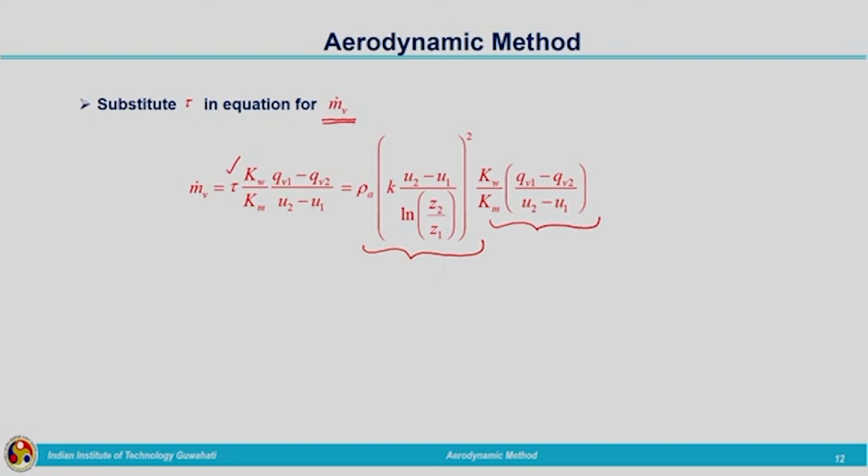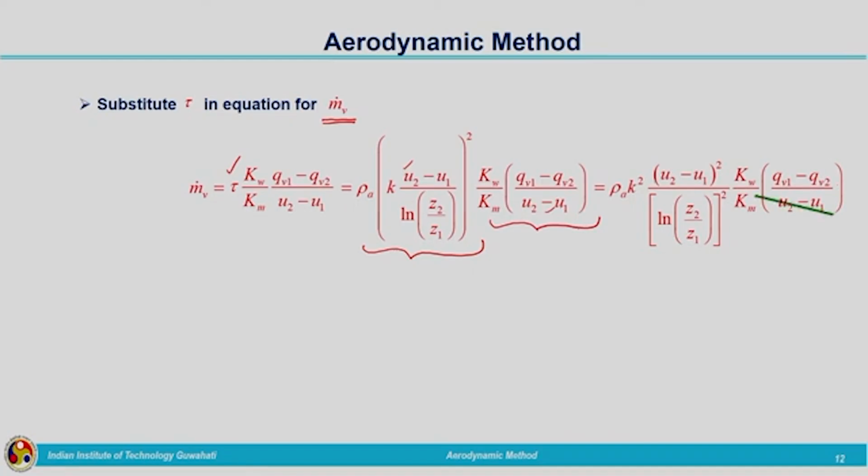We can make some rearrangements, because we have u2 minus u1 here and also u2 minus u1 here. So, that can be cancelled. So, it will be rho a k square, u2 minus u1 all square divided by ln z2 by z1 all square, times kw divided by km, qv1 minus qv2 divided by u2 minus u1.